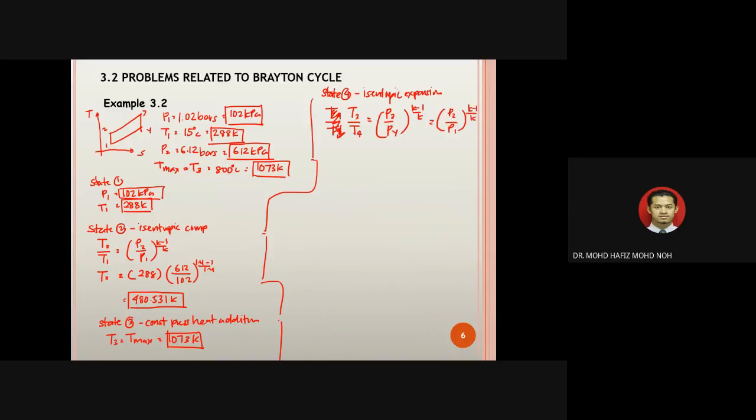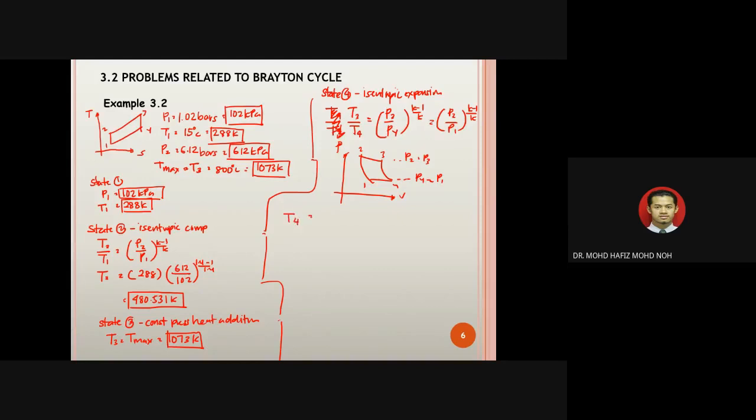How do you get this? You refer to the PV diagram, something like this one, 1, 2, 3, 4. Here P2 is equal to P3, and here P4 is equal to P1. So you can find the value of T4.